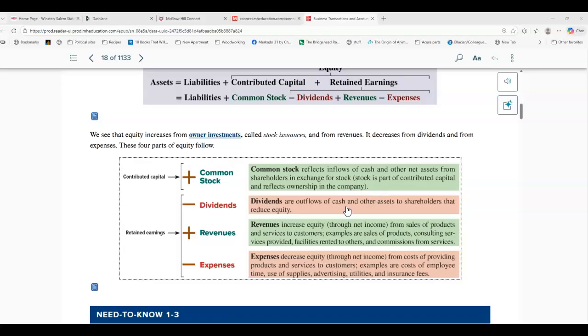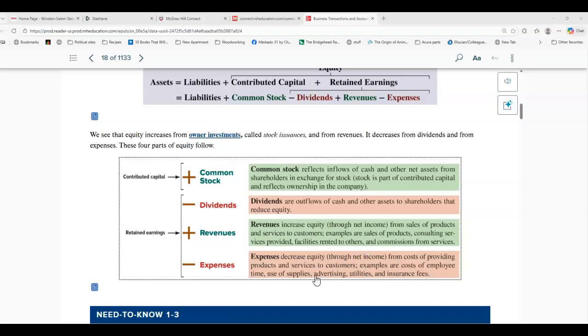Dividends are outflows of cash or other assets to the shareholders, and those reduce equity since we're sending assets out, usually cash. Revenues increase equity through net income, from sales of products or services, and expenses decrease equity because of net income from the cost of providing those services or products to customers.